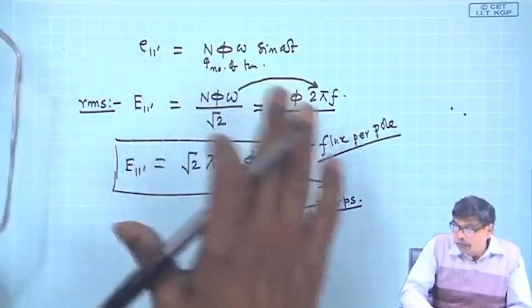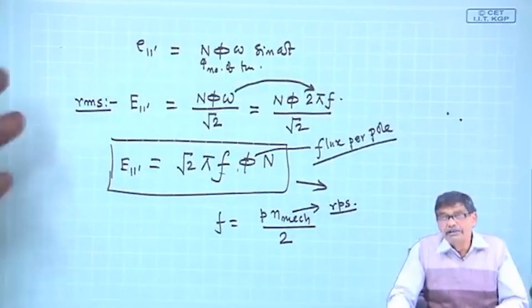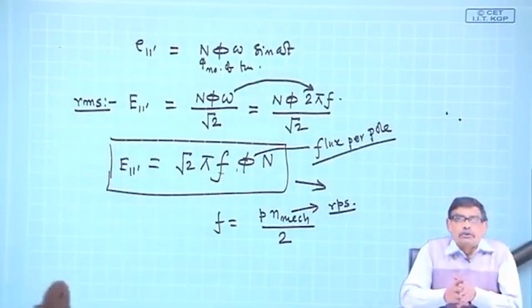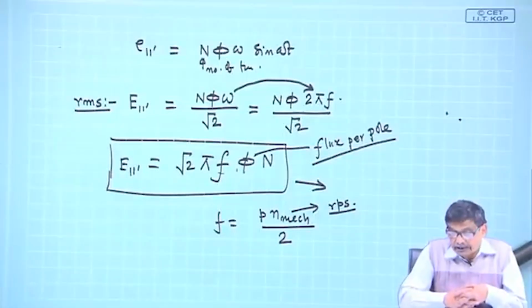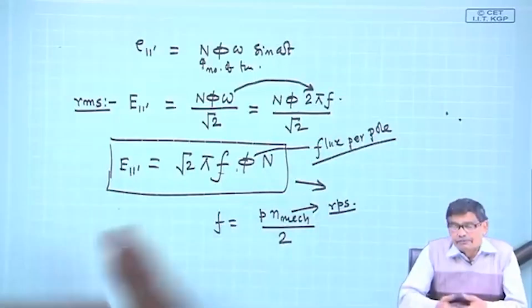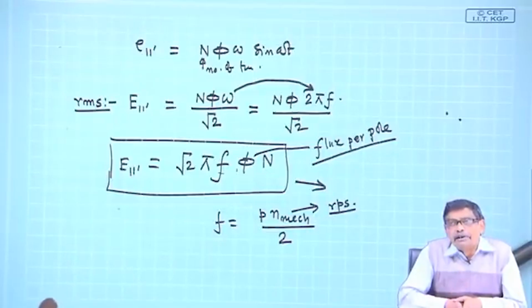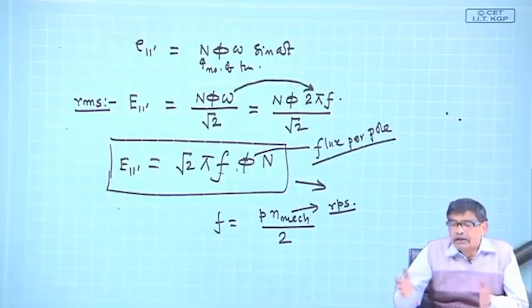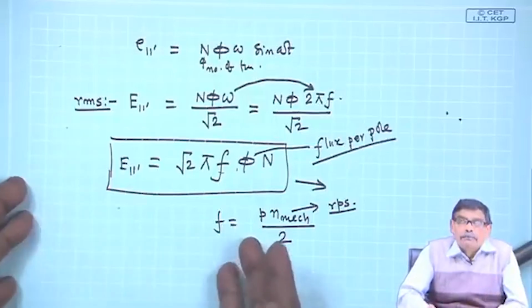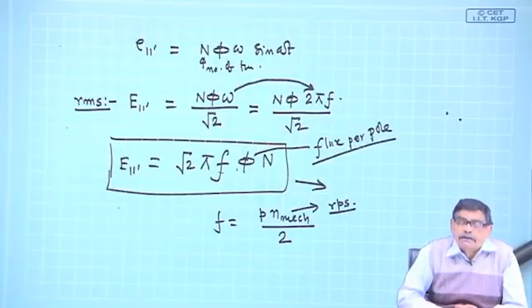Thank you. Go through this lecture carefully, and this will be the starting point. If you have understood what has happened to a coil's induced voltage, then in a rotating machine there will be a number of coils. I will not be daunted by this, because I know what is happening to a single coil. Other coils will simply be displaced from this coil by some angle, either in the forward or backward direction.